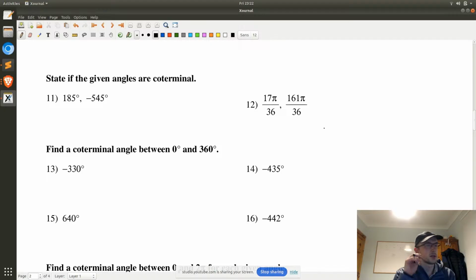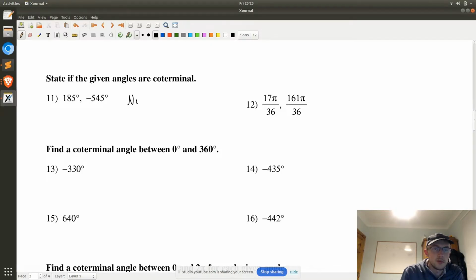State if they're coterminal. Okay, so if the separation is a multiple of 360, then they're coterminal. So the separation here is 185 and 545, which is 730.